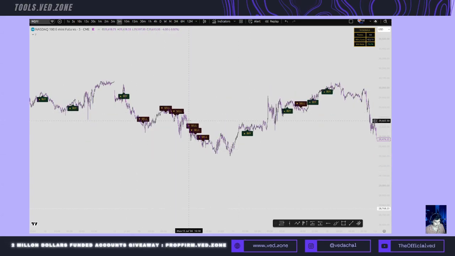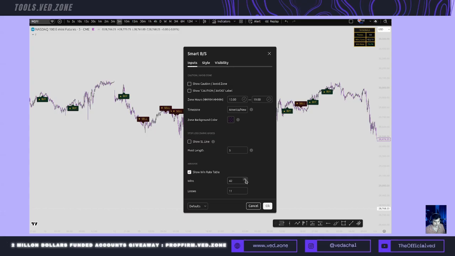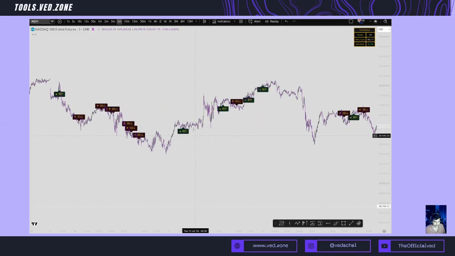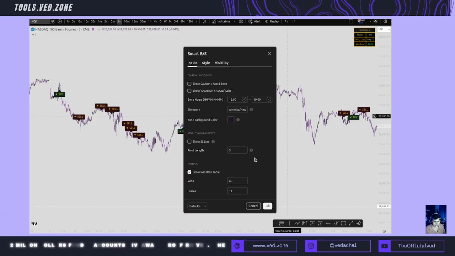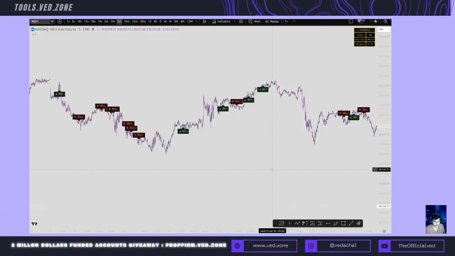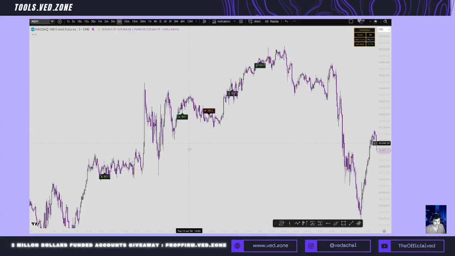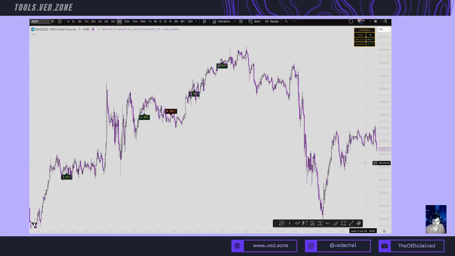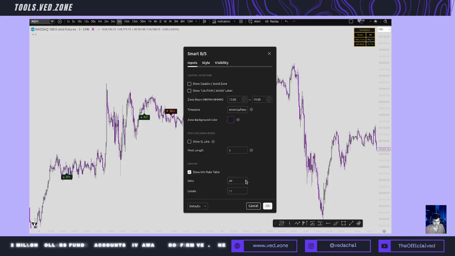1, 2, 3, 4, 5, 6 wins on NASDAQ 5-minute chart, right? Buy, easily 1 hour. Other buy, easily 1 hour again because the stop loss would be here and then the market just rallied, so another win.